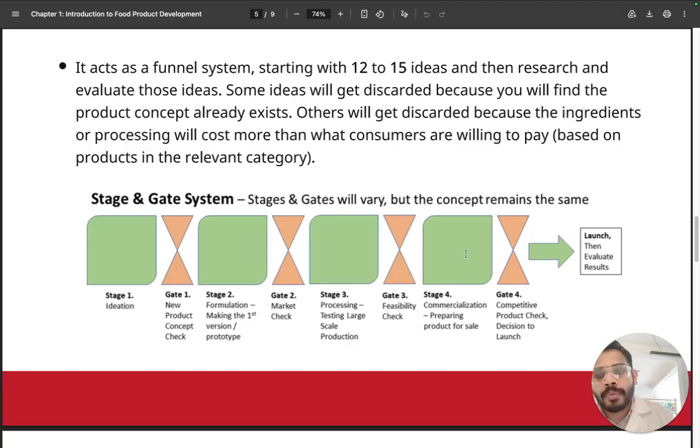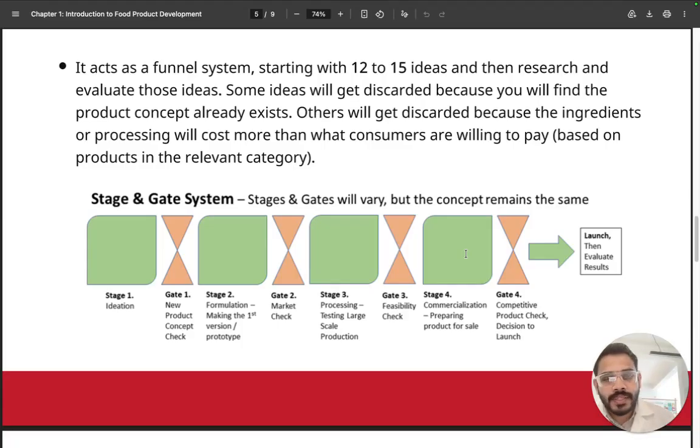In these problems we identify the solutions, and it comes to stage gate 1, a new product concept check. From this concept check we check the economic and social feasibility of each idea we grab from the market. This gate is very important. If you grab 12 to 15 ideas, we will iterate on the economic and social feasibility of such products and their relevance in the market, and then it comes to the formulation stage.